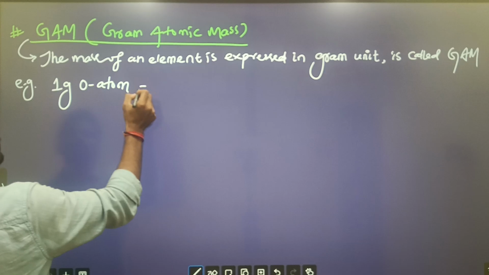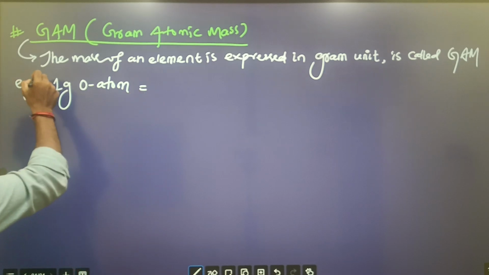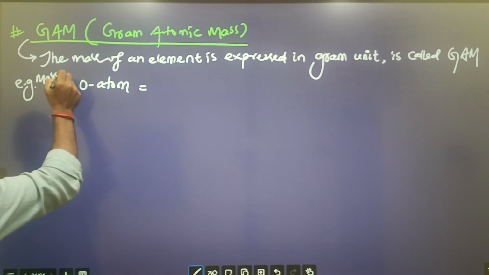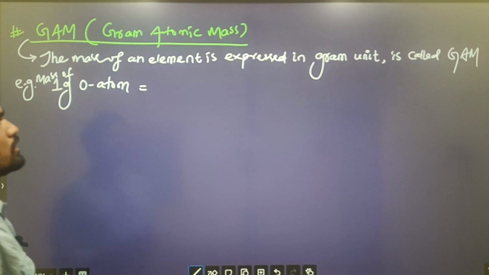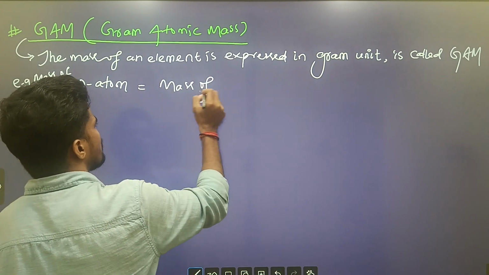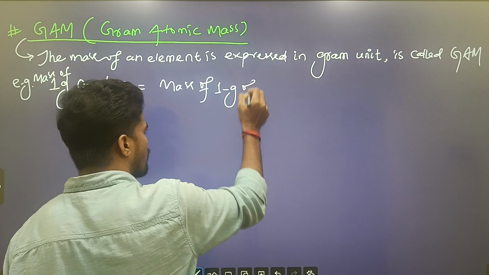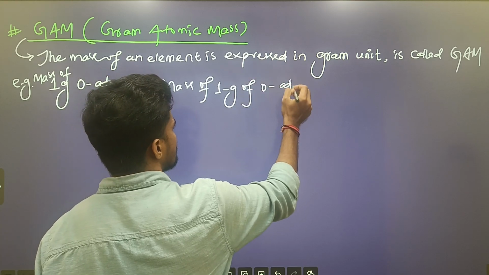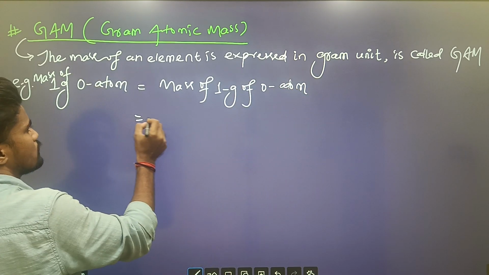What is the mass of 1 gram of oxygen atom?